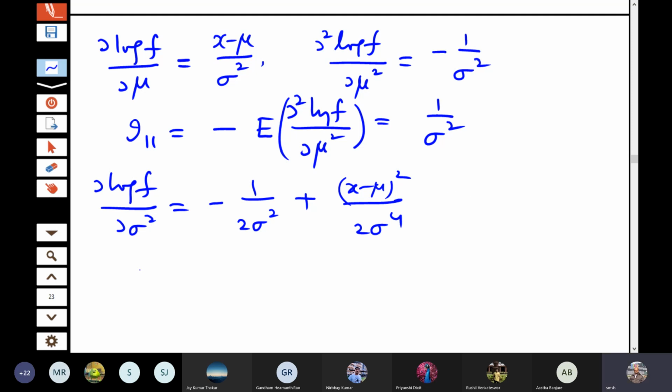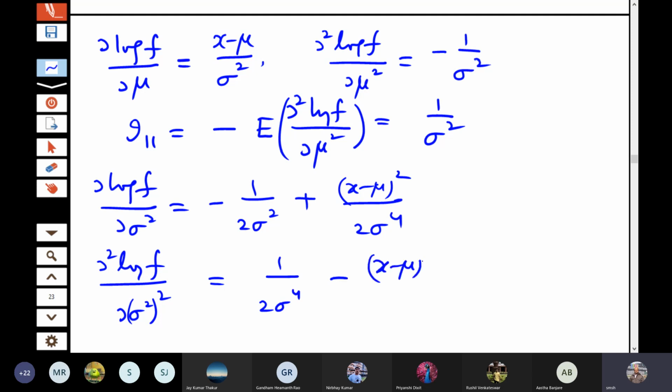So if I take the second derivative here, del 2 log f by del sigma, then that is equal to 1 by 2 sigma to the power 4 minus (x minus mu) square by sigma to the power 6. 2 will come in the numerator, so 2 will get cancelled out.